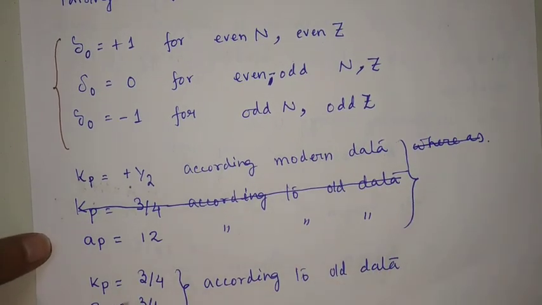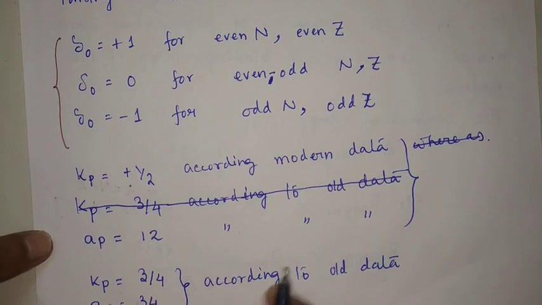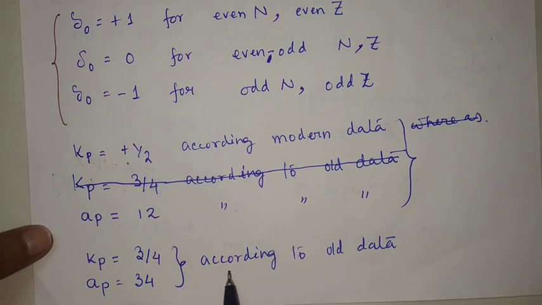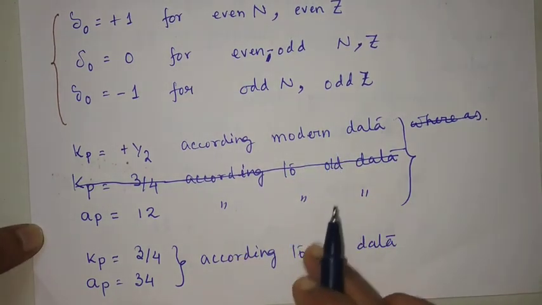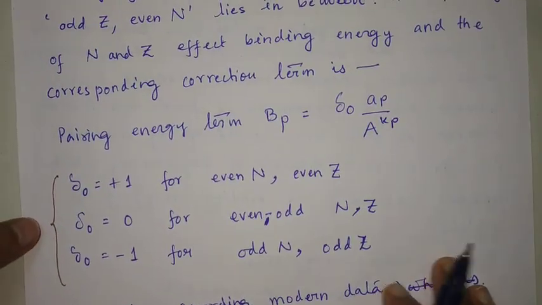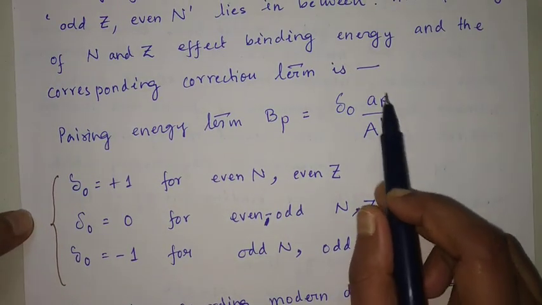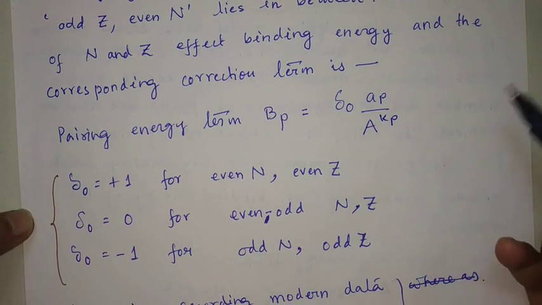And if KP is 3 by 4, then AP will be 34, which is according to old data. If you have difficulty remembering these two sets of data, you can use either one, either the old data or the modern data.